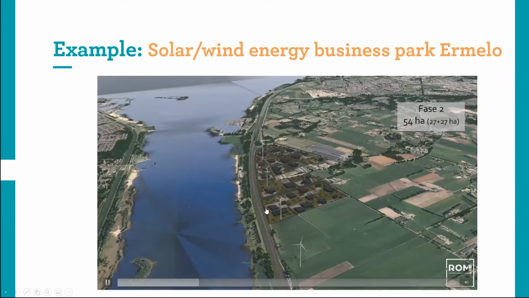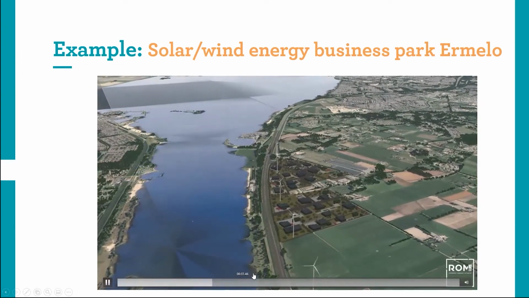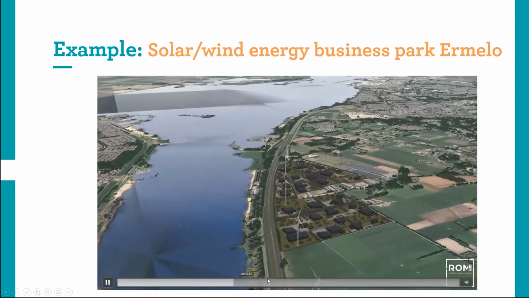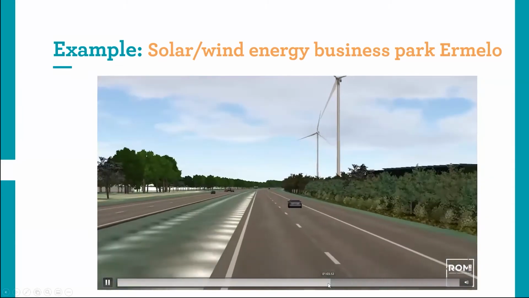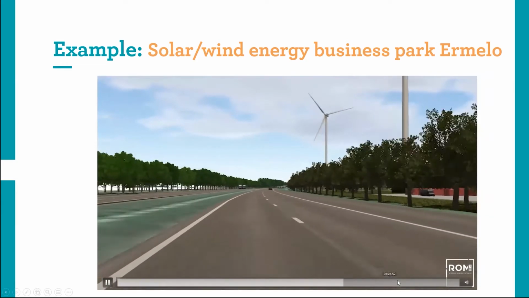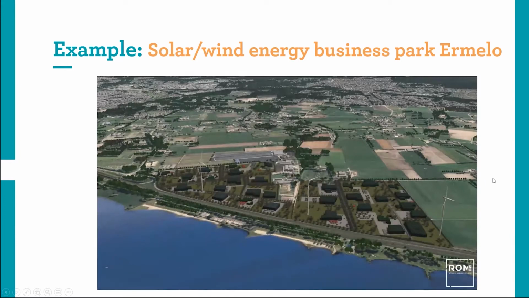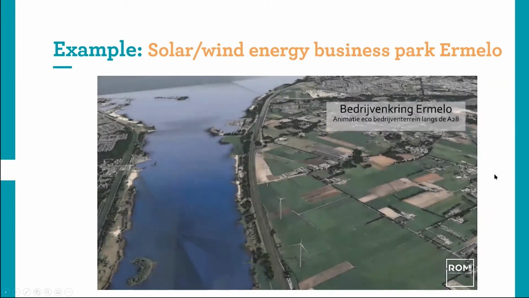And in this movie, we fly through the area and over the road to see how it looks from the roads. I'll fast forward a little bit. This is one of the things we can do with our 3D program.